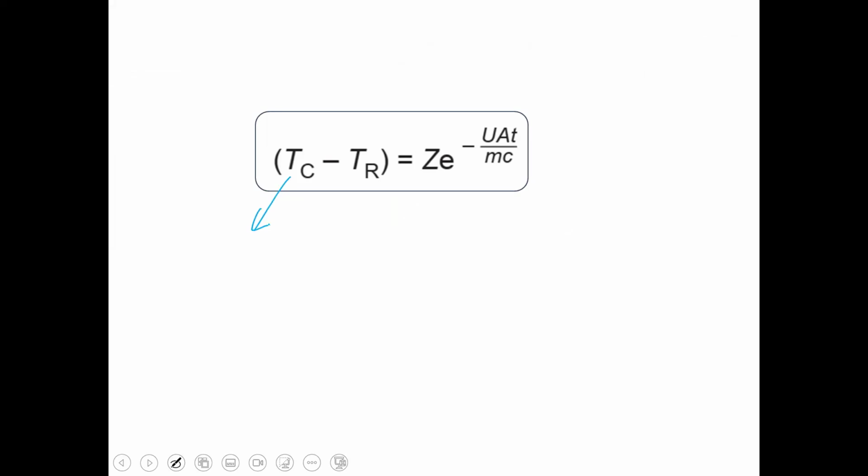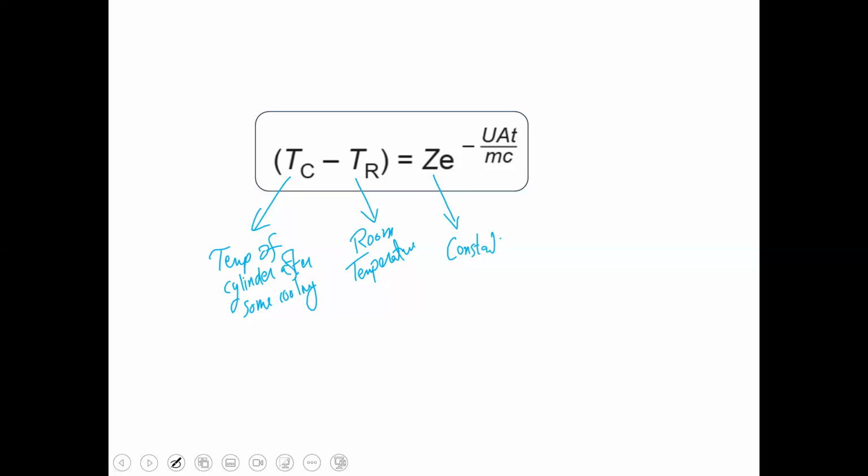Okay, what is Tc? Temperature of cylinder after some cooling. What is Tr? Tr is room temperature. What is Z? Constant.